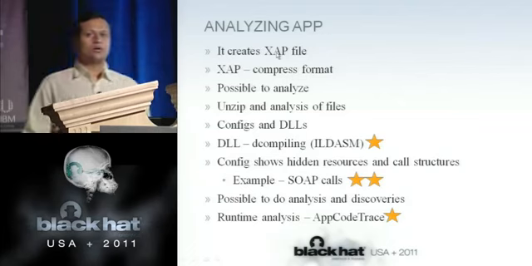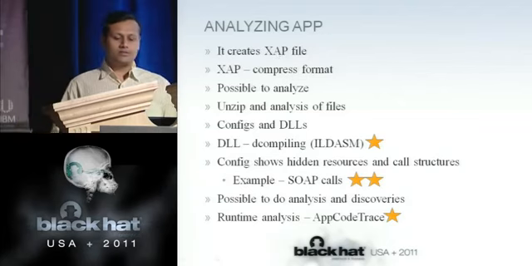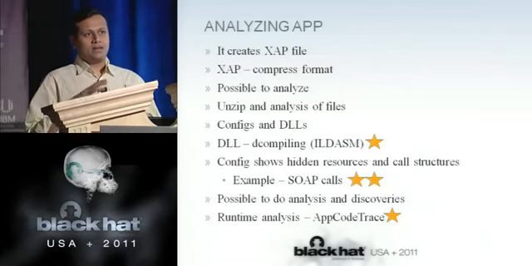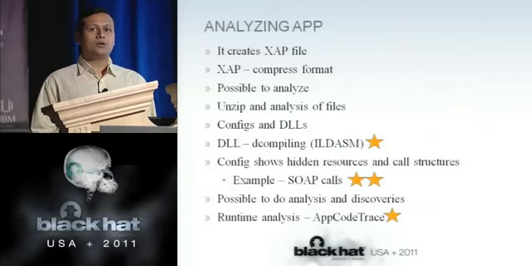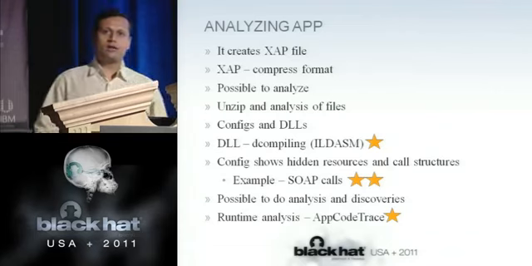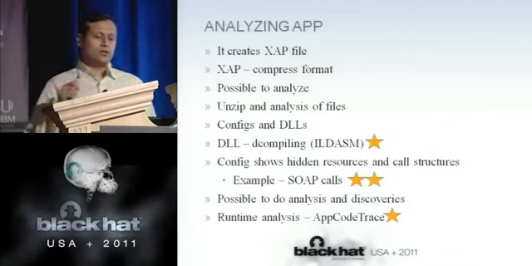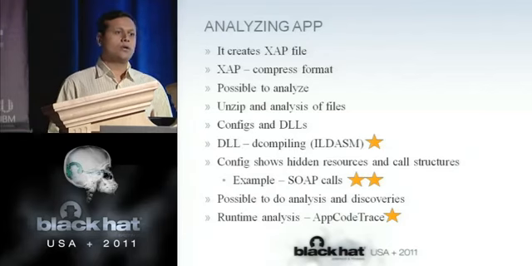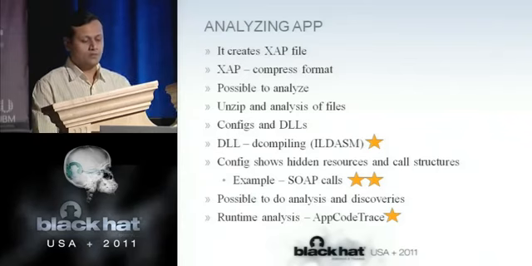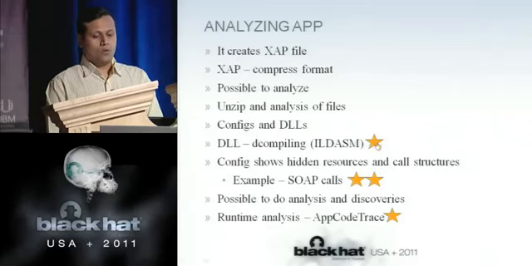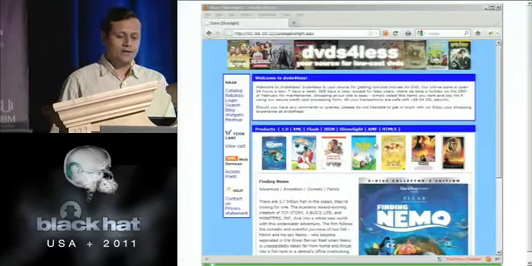A XAP file is nothing but a compressed file, like a zip file. And the XAP file has all the information needed to execute your application. It will have a config file, DLLs, your cross-domain policies, client access policies, and so on. Everything is part of your XAP file. So what we want to do is analyze XAP files.